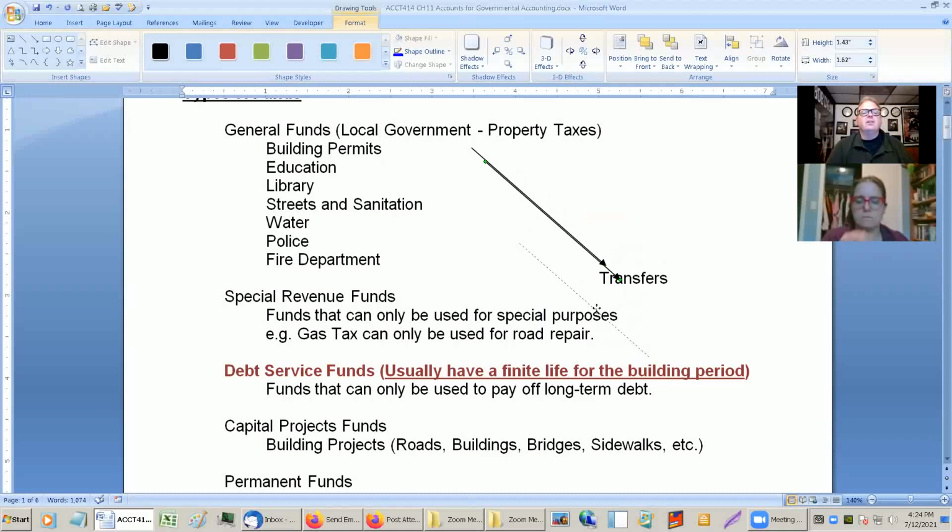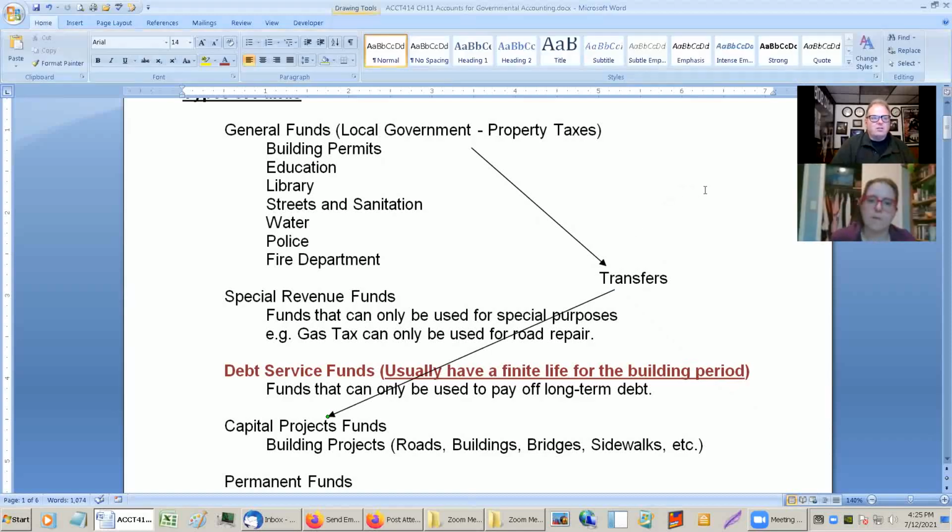So you can have transfers from the general fund to the capital projects, and the general fund would call this a transfer out, and the capital projects fund would call this a transfer in.